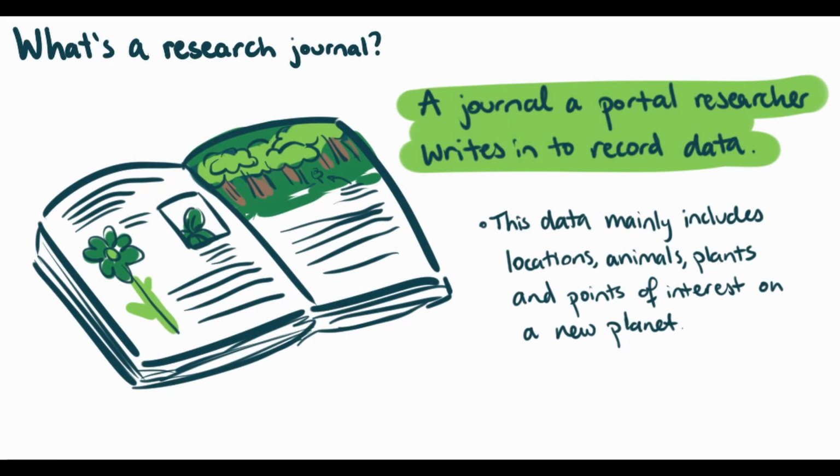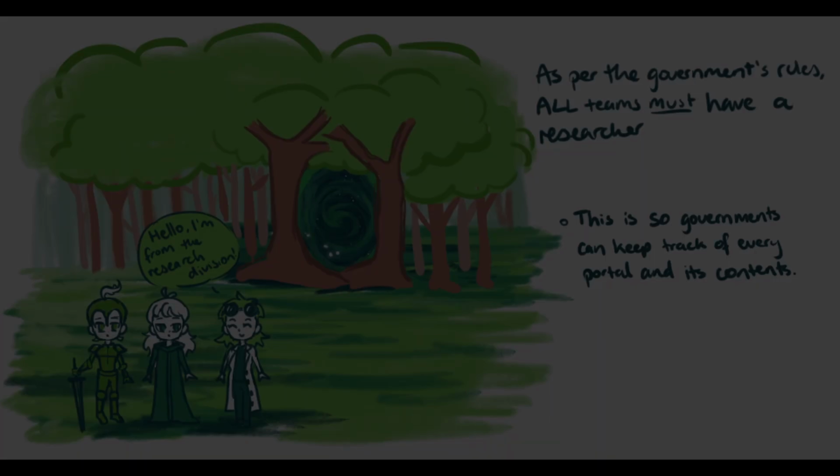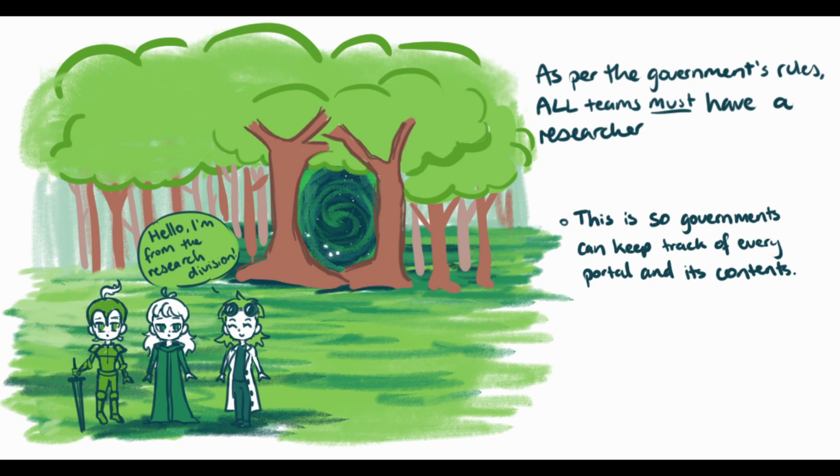Hey, just jumping in, I totally forgot to even explain what a research journal means in terms of my universe. In this universe, when teams enter portals, they have a researcher as one of their colleagues. This researcher keeps track of animals, locations, and important data that they come across because they're on an unknown planet.